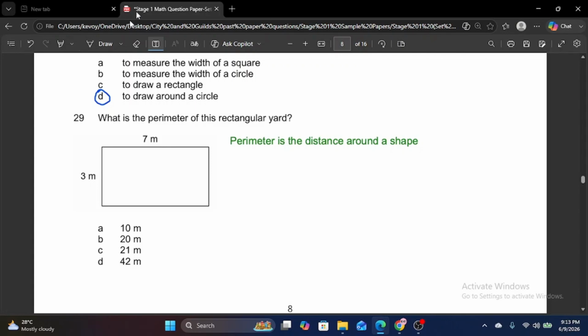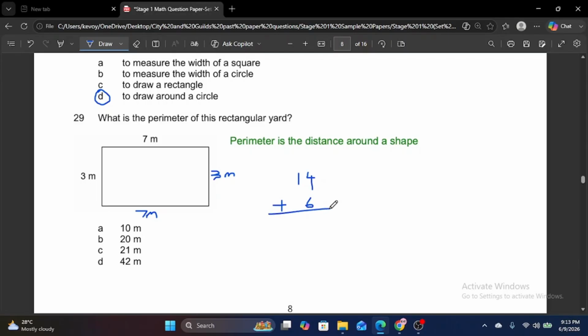So that's going to be 3 meters right here and 7 meters right here, and then you add everything. So 7 plus 7 is 14, and 3 plus 3 is equal to 6.